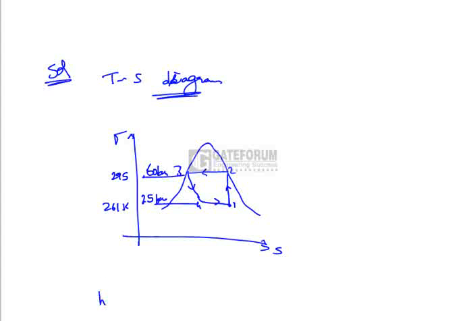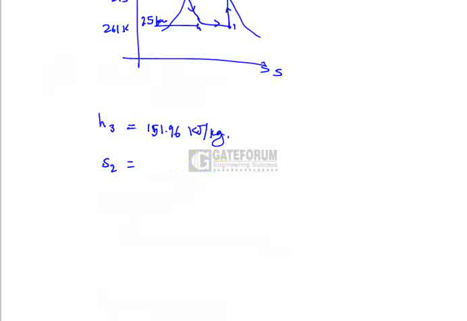First write down H3, which is on the saturated liquid line at 60 bar, and the saturated liquid enthalpy is equal to 151.96 kilojoule per kg. Also we know that S2 is equal to 1.0332 kilojoule per kg Kelvin, which is on the saturated vapor line.